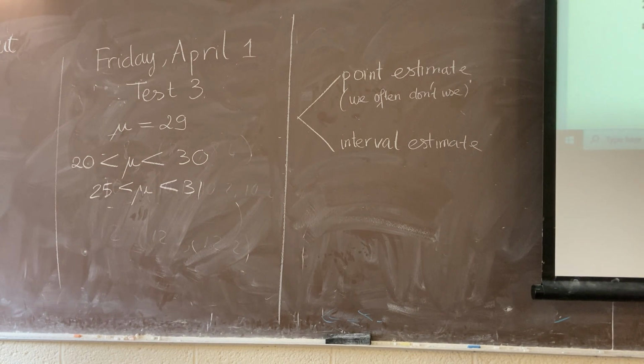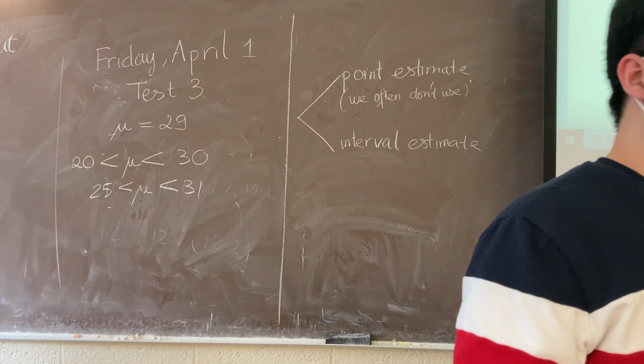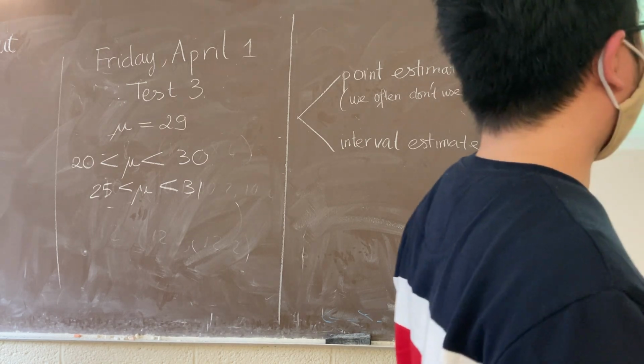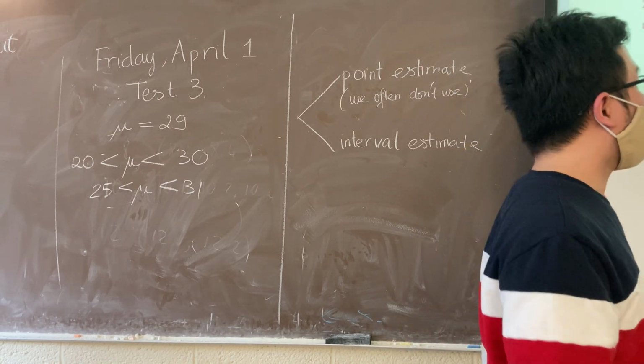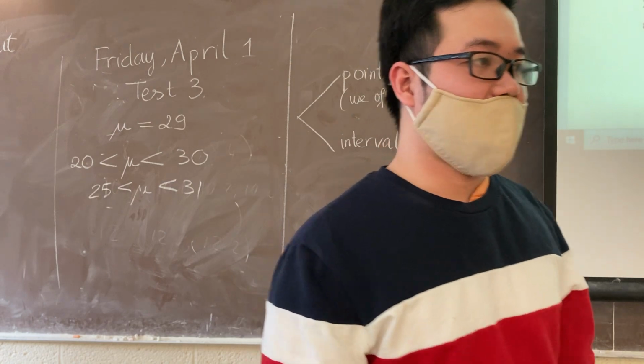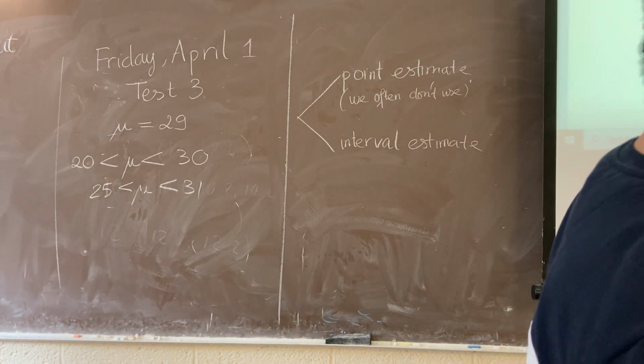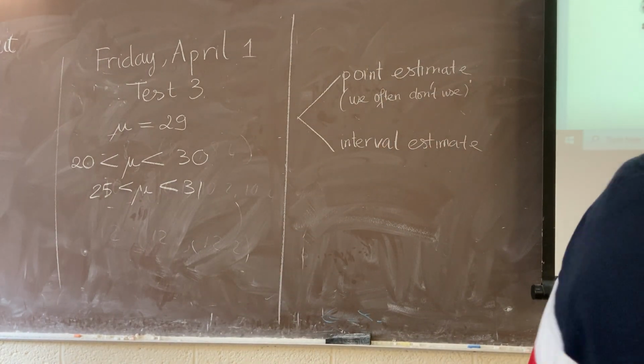The first one is how to estimate the population mean, and the second is how to estimate the population proportion. In this section, we will focus on how to estimate the population mean. If you don't have the handout, please get one.